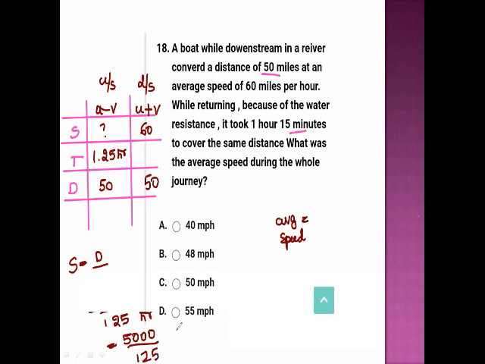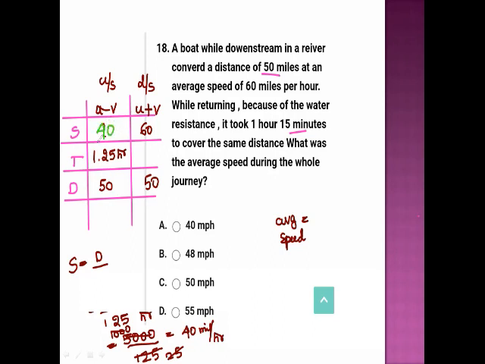So it comes to 40 miles per hour. The upstream speed which we found is 40 miles per hour.